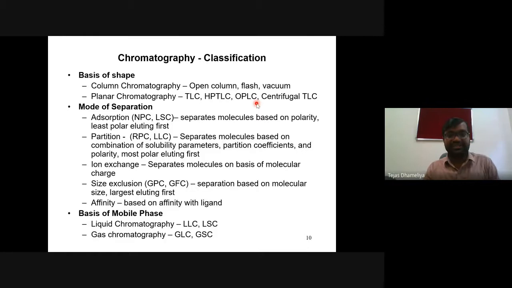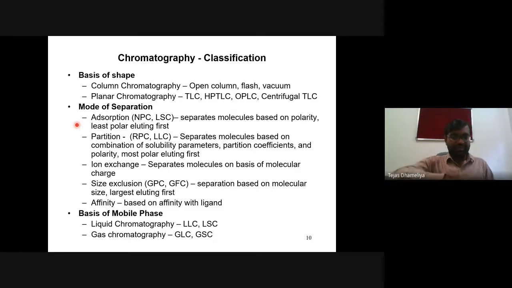Depending upon the mode of separation, whether it is adsorption, partition, or other types such as ion exchange, size exclusion, and affinity chromatography, they are also useful.